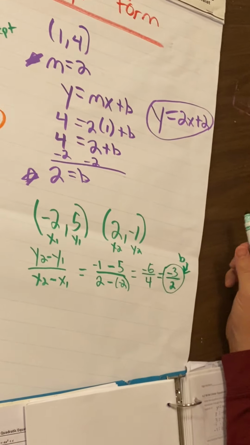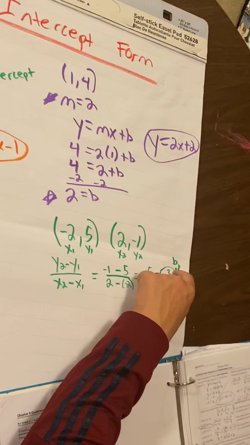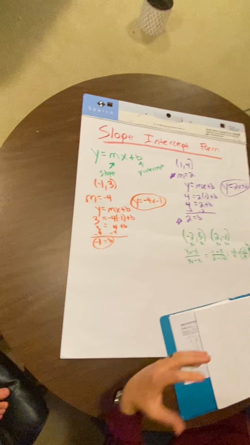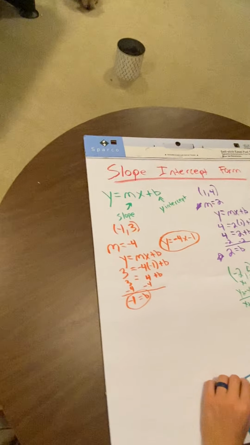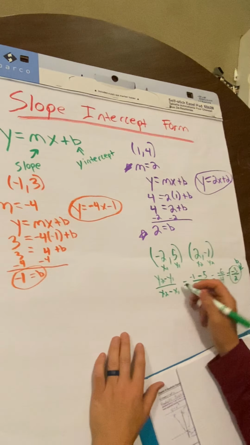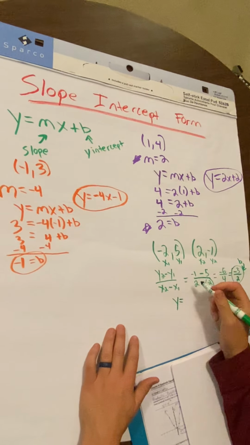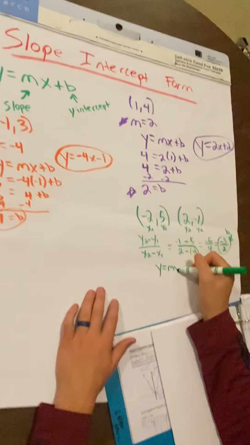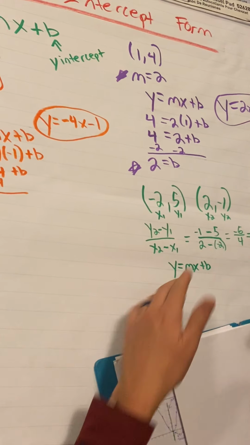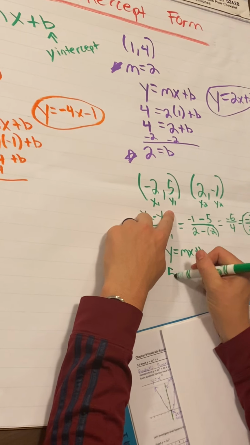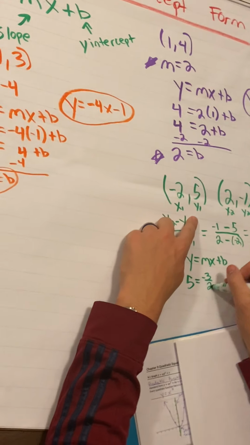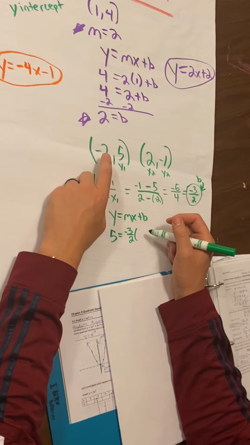Once we have our slope, we can use exactly what we did on the orange one and the purple one to find our y-intercept. We could use the first point or the second point. It does not matter. So I'm going to rewrite y equals mx plus b. Let's just use the first one. So we're going to say 5 equals our slope, -3/2, times our x.